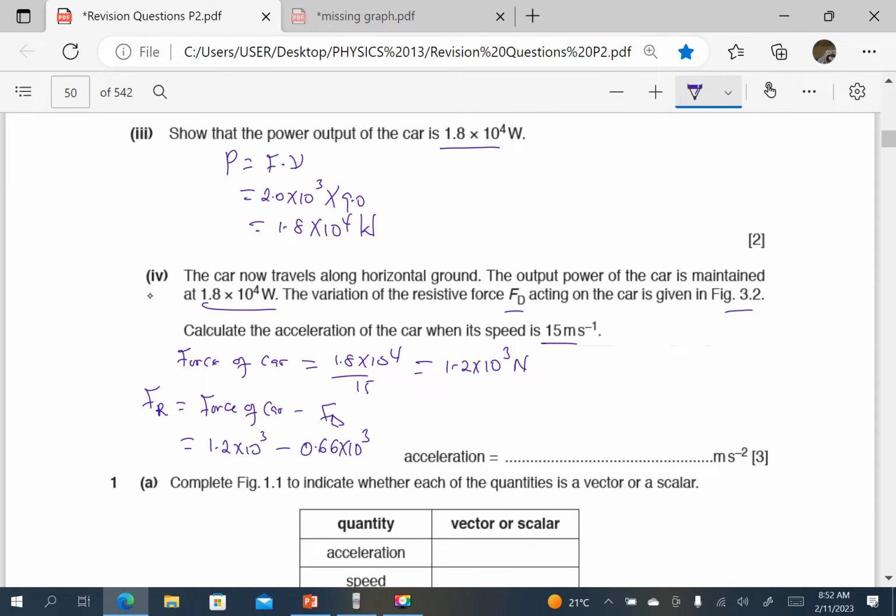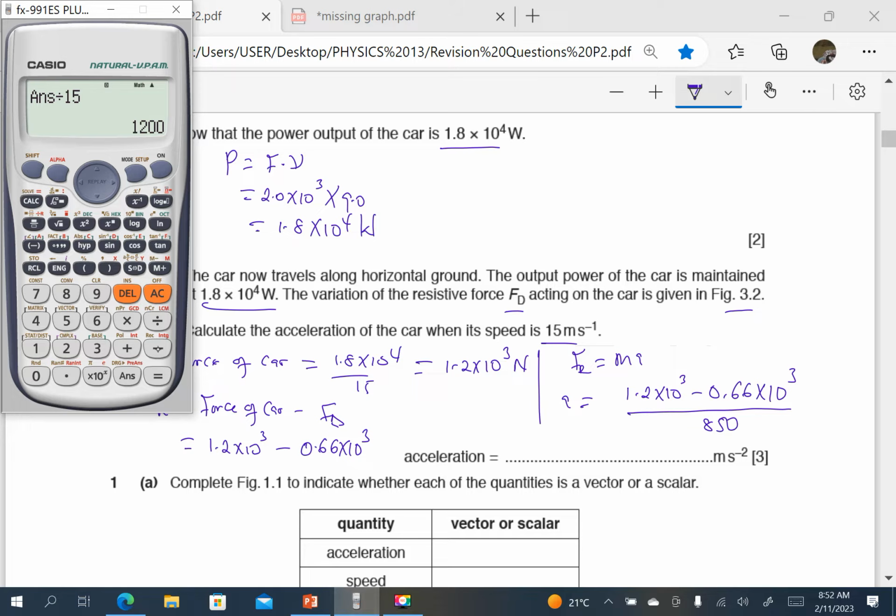Remember, the resultant force is mass times acceleration. So acceleration is going to be the difference, 1.2 times 10 power 3 minus 0.66 times 10 power 3, divided by the mass. And the mass of the car was 850, I guess. It is 850.